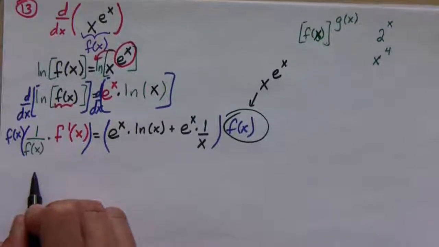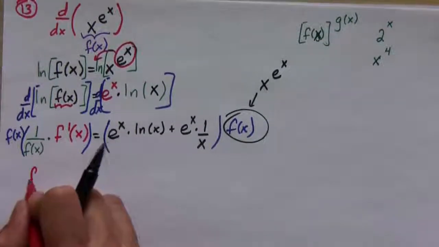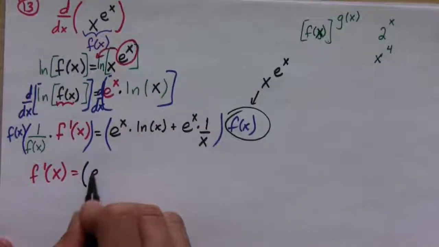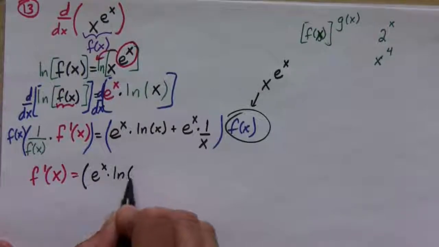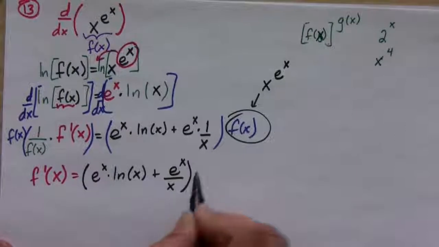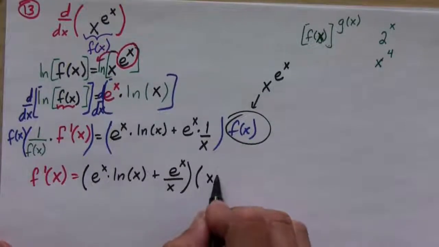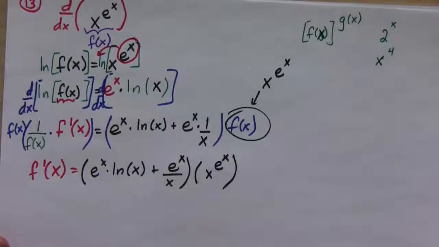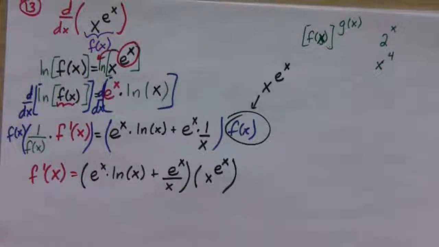So in the end, my derivative, f prime of x, is just equal to e to the x, natural log of x, plus e to the x over x, all multiplied by x raised to the e to the x. Magic. Math magic.